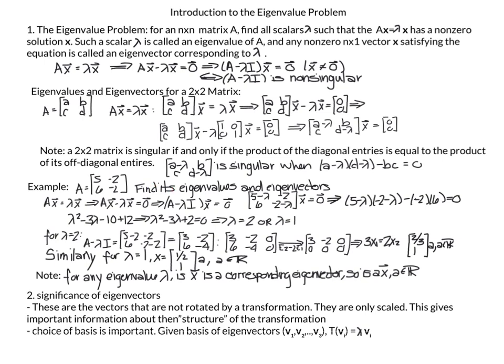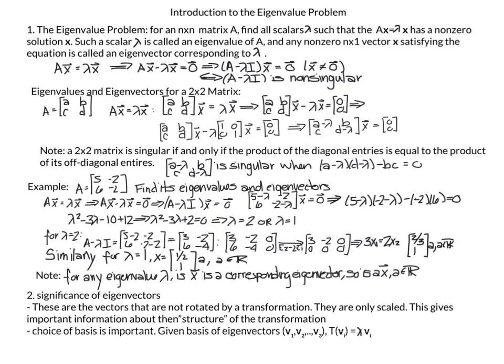So to find the eigenvectors and eigenvalues of a matrix, you form A minus lambda I, you get this algebraic equation, and you can solve for lambda. Once you have lambda, you plug lambda into A minus lambda I, and you look where this matrix is singular. So you solve the homogeneous equation, and you find solutions for x.